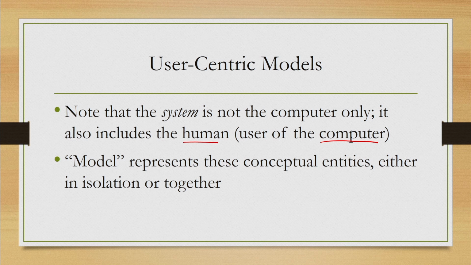Now, sometimes the model may refer to the entities in isolation, and sometimes it may refer to the entities together, both the user or the human and the computer. So, you have to keep in mind that whenever we use the term model, we refer to either human or computer or both. So, it is an all encompassing term.